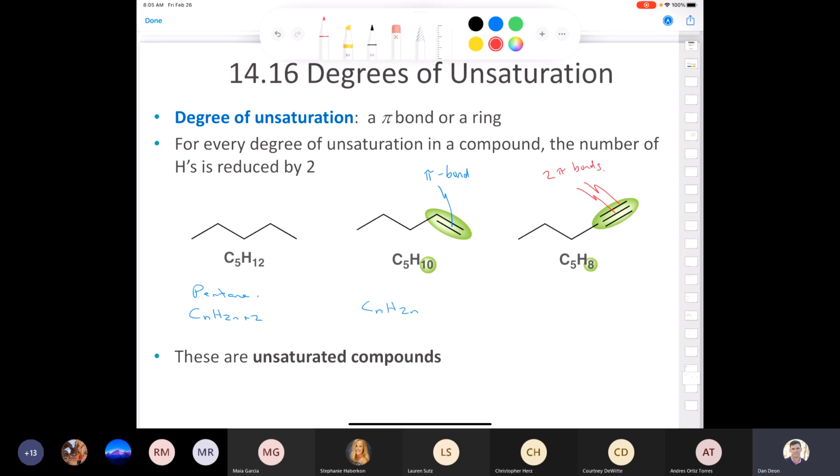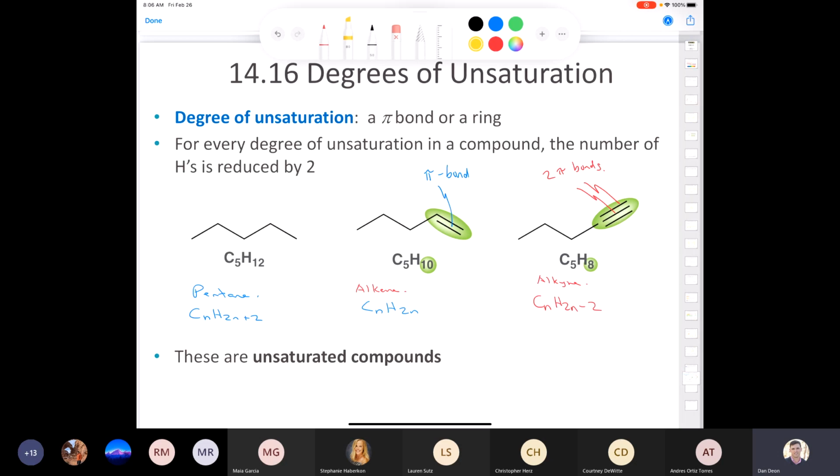So each one is going to reduce the number of hydrogens in the molecule by 2. 2 times 2 is 4. So instead of having 12 hydrogens total, we'll have 12 minus 4, which is 8. And so the generic formula here for an alkyne would be CnH2n-2. So we have an alkane, then we have an alkene here, and here we have an alkyne, okay?